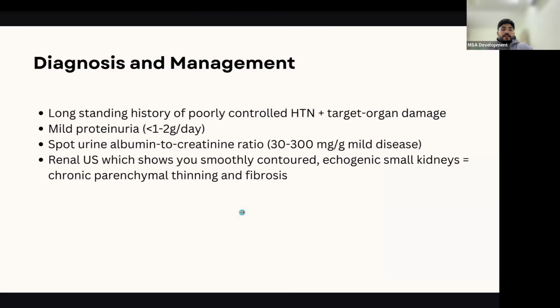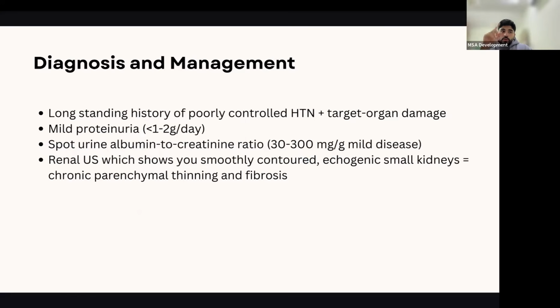Okay, but how do we diagnose? The patient needs to have a history of probably uncontrolled hypertension. They also need to have some sort of organ damage. They'll present to you with mild proteinuria. You need to do the urine albumin to creatinine ratio, because this will tell you where they are amongst the chronic kidney disease stages.